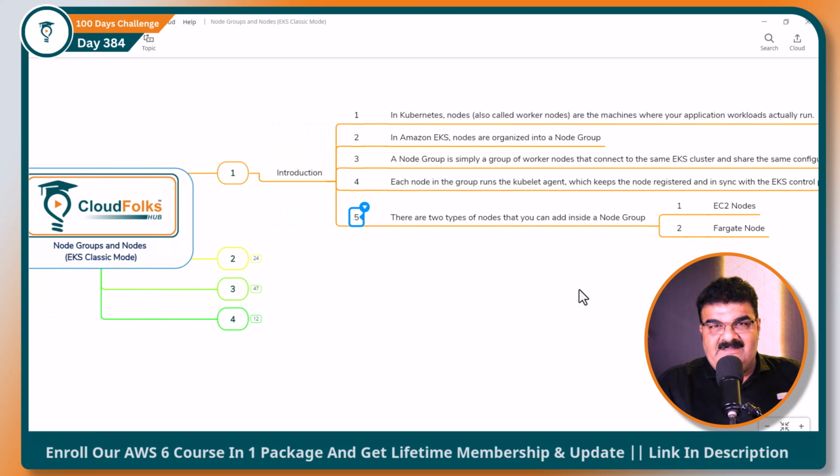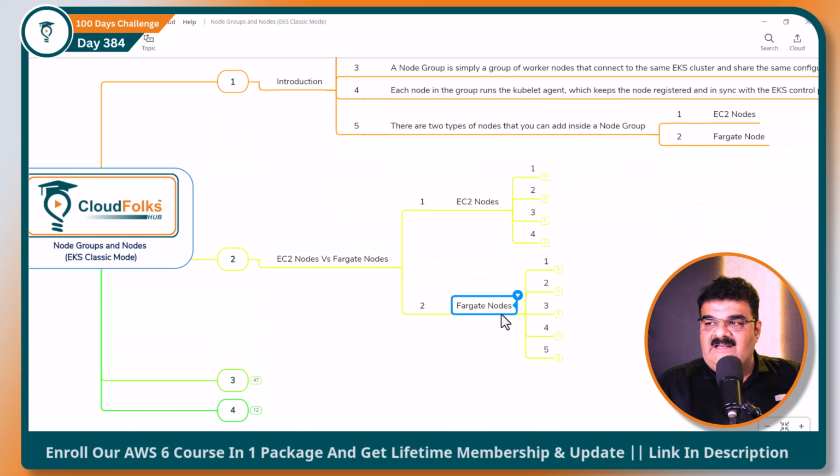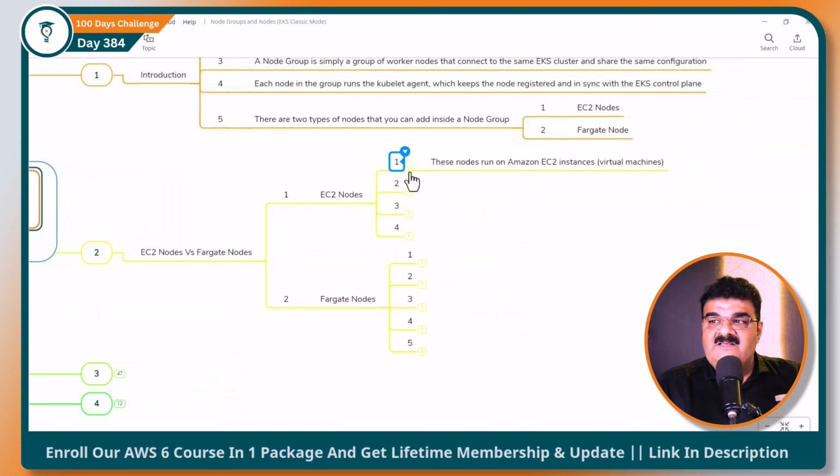So in classic mode, we are responsible for adding nodes into the node group, and we have two options: EC2 and Fargate. Now let's understand the differences between these two. This is similar to what we have in ECS, right? EC2 nodes run on Amazon EC2 instances.